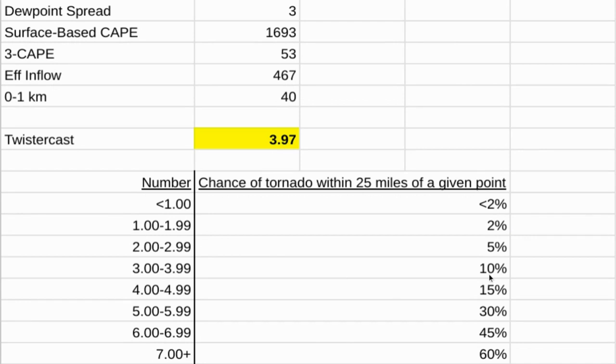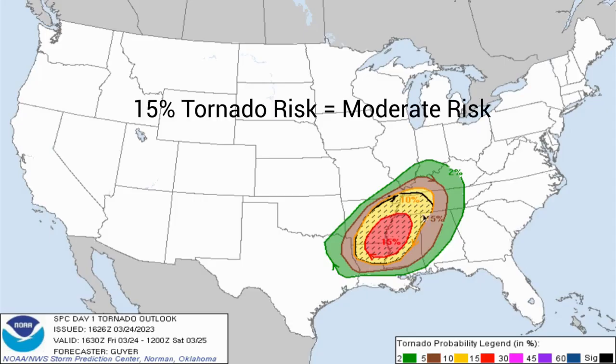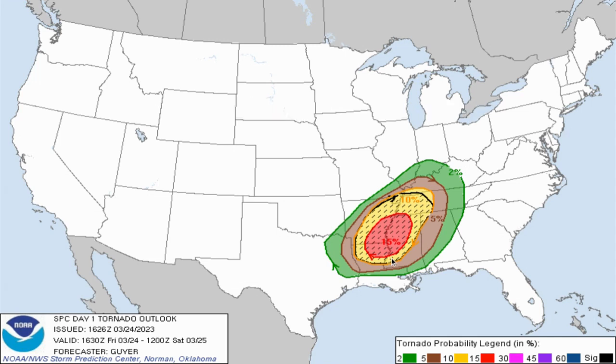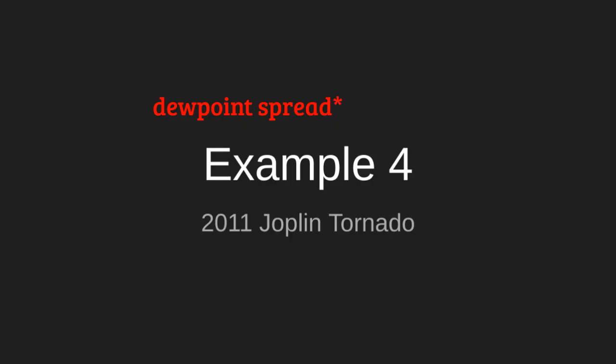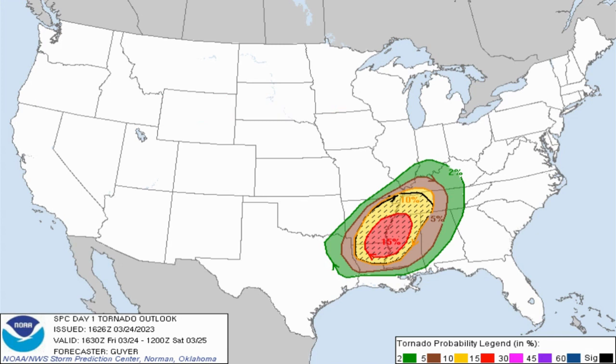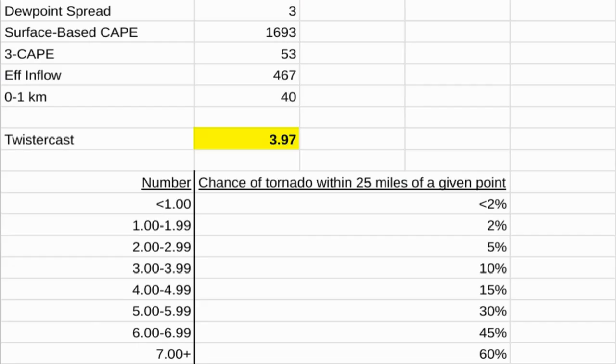However, the official outlook has a moderate risk. So in this case, TwisterCast is underdoing the tornado threat. However, a very slight change, such as lowering the dew point by 1 degree, would land us in the 15% risk area, so it wasn't too far off.